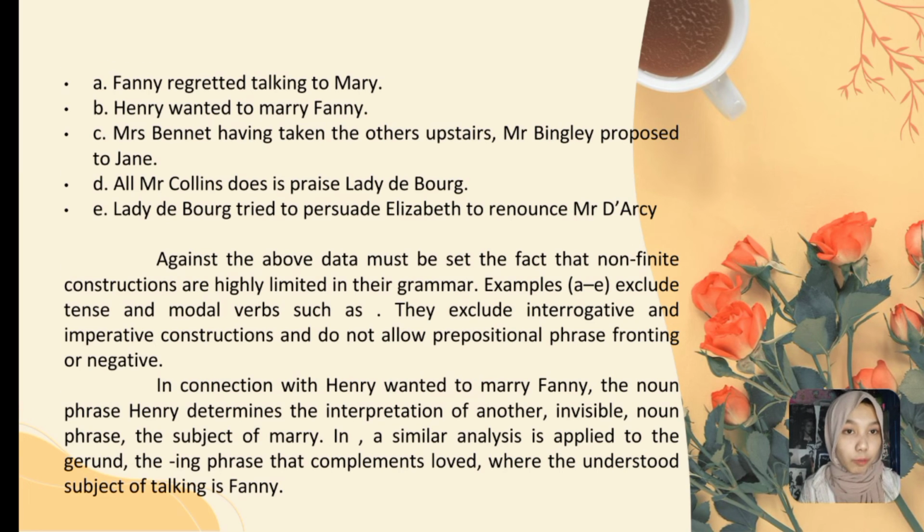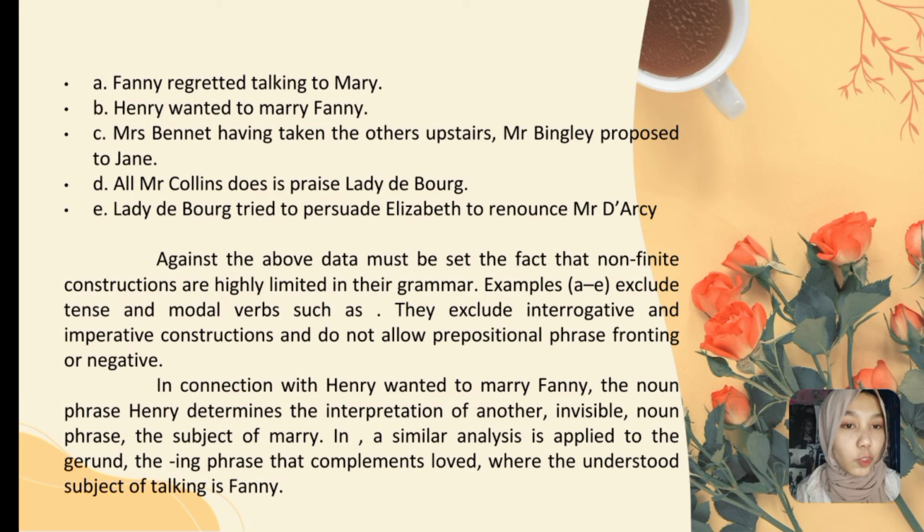Against the above data must be set the fact that the non-finite constructions are highly limited in their grammar. Examples A until E exclude tense and modal verbs, they exclude interrogative and imperative constructions, and do not allow prepositional phrase fronting or negative fronting.